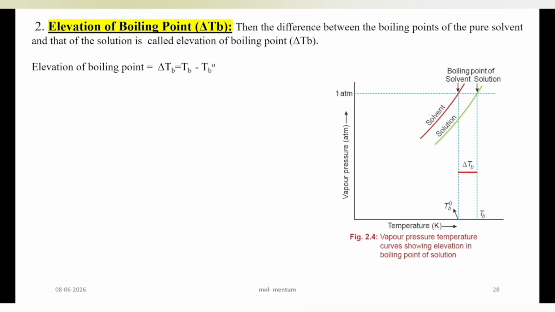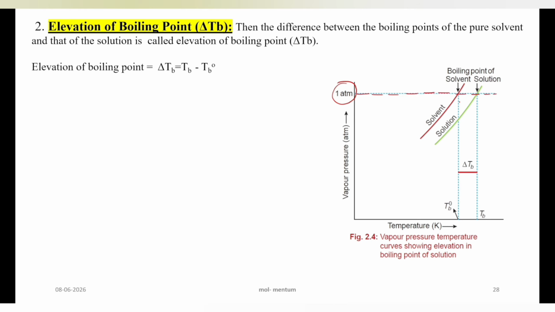Here 1 atm is written, which is atmospheric pressure. This is the line at which the pressure of a liquid becomes equal to the atmospheric pressure, so this is the point which defines the boiling point of any liquid.